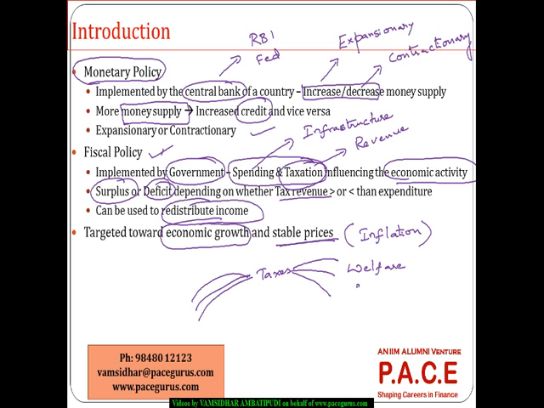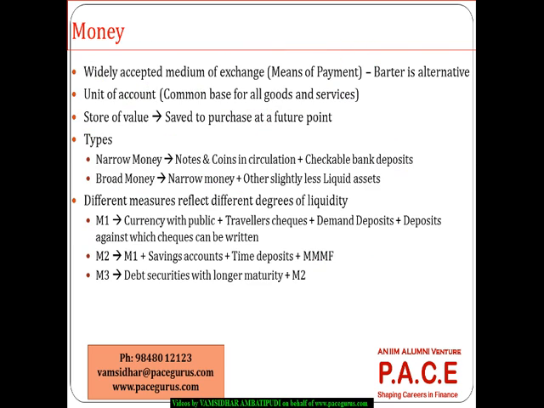Spend on the poor in terms of welfare schemes by charging the rich in the form of taxes, which means there is a redistribution of the wealth and the income as a part of the fiscal policy. So on a broader scale, these are the conceptual aspects of these two policies.